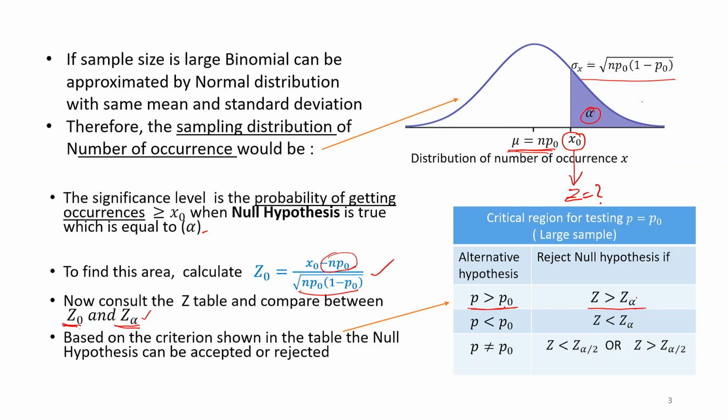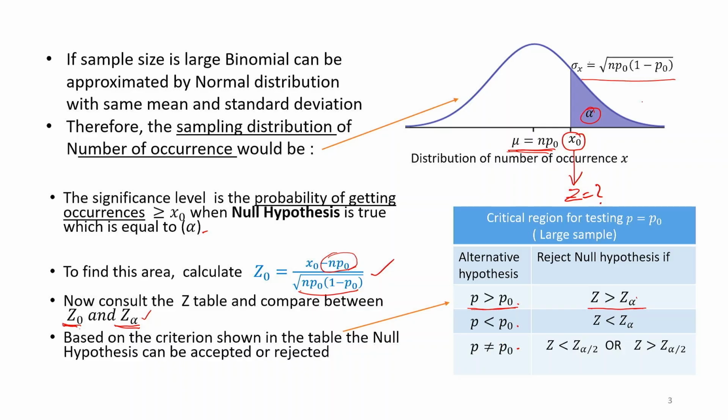So depending upon the alternative hypothesis that we propose, we cannot have all the three hypotheses simultaneously. We will have either this or this or this. In a given situation, the alternative hypothesis could be P greater than P0, or P less than P0, or P not equal to P0.